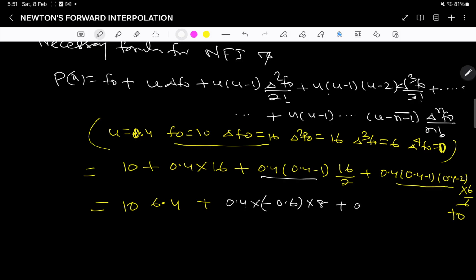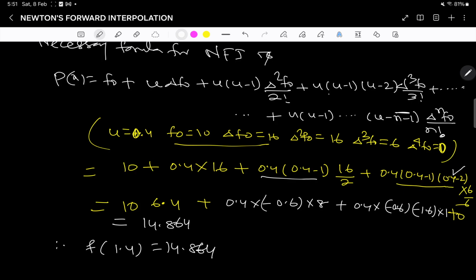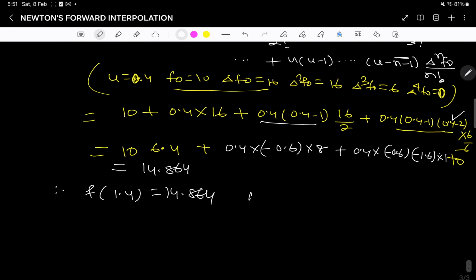Then next will be 0.4 into minus 0.6, and it is minus of 1.6. This is multiplied with your 1. So now if I simplify it, I will get 14.864. Okay. So therefore my f of 1.4 is 14.864. So this is my answer.